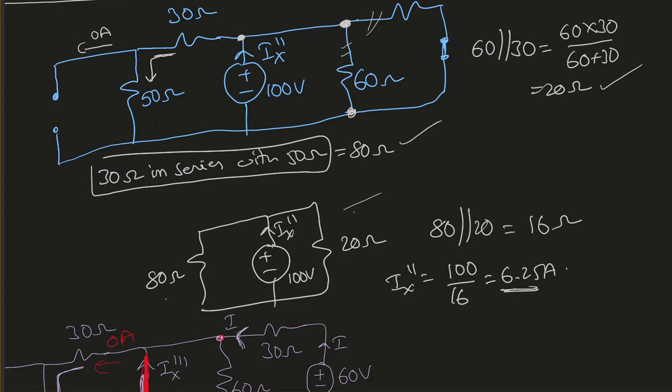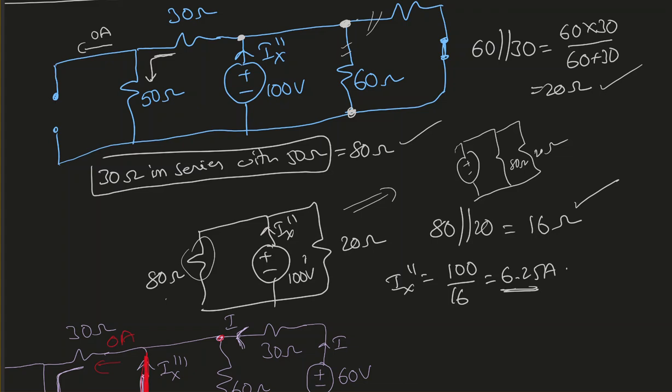I can redraw the circuit by interchanging the 80 ohm resistor and the voltage source. Now you can clearly see 80 parallel with 20 is 16 ohms. So Ix double prime equals 100 over 16, that's 6.25 ampere.